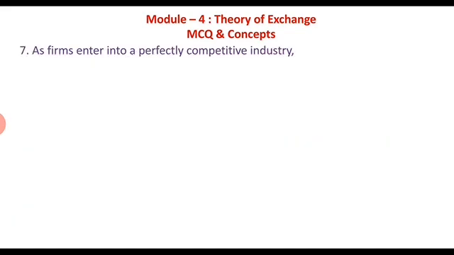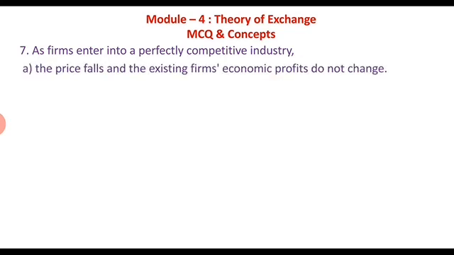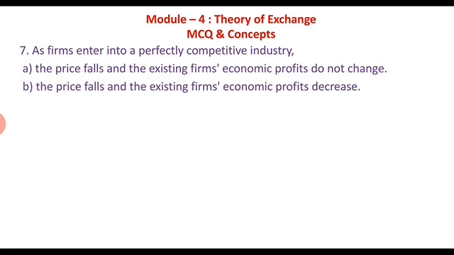Seventh question: as firms enter into a perfect competitive industry, A. The price falls and existing firms economic profits do not change. B. The price falls and the existing firms economic profits decrease.